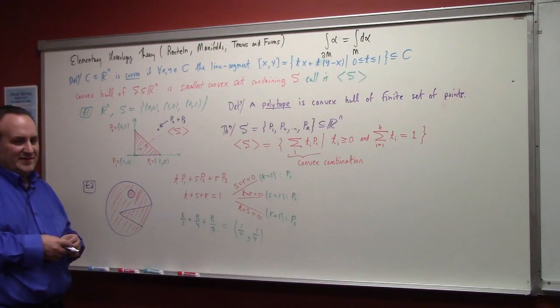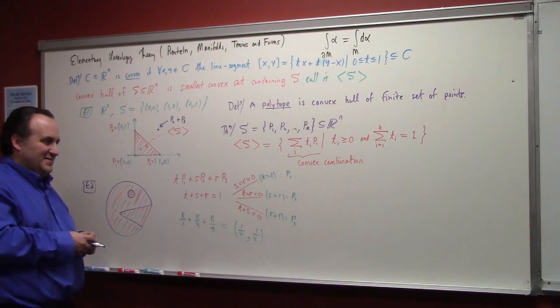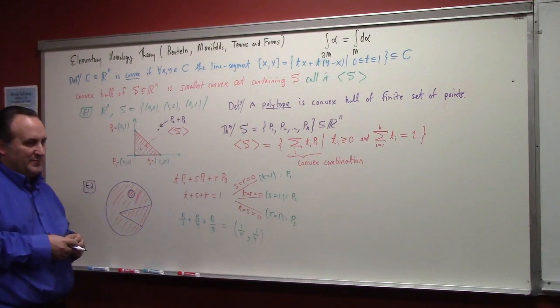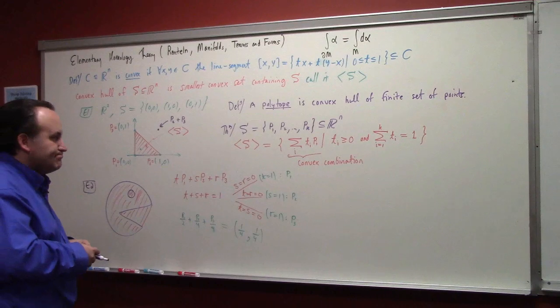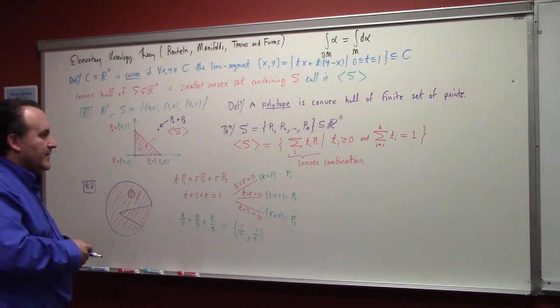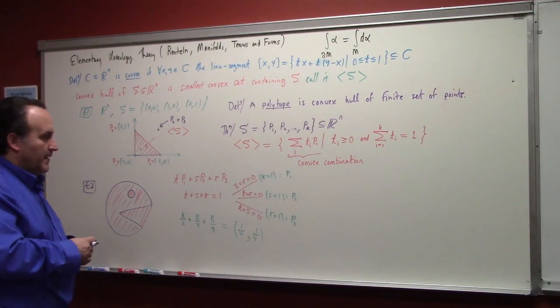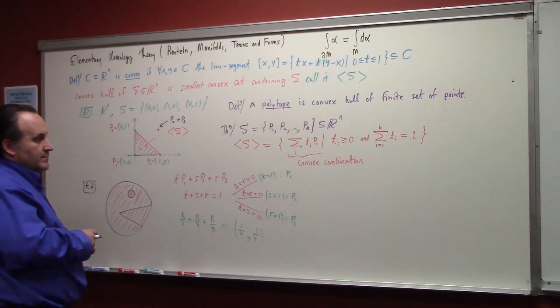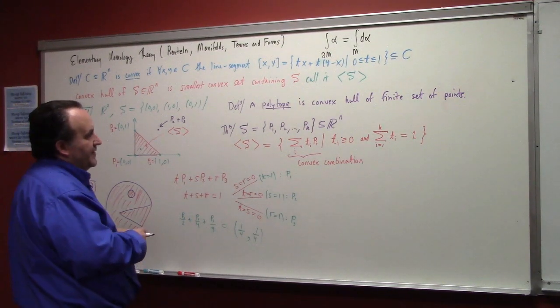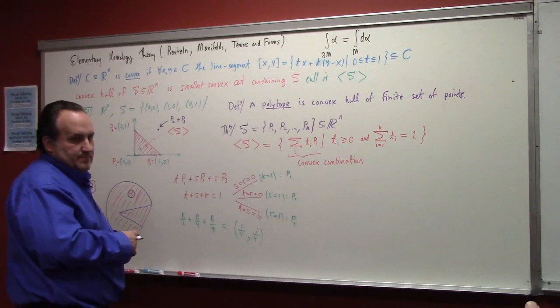Not because logically it has to be the base case, but because pragmatically speaking, it is probably what you need to be able to see in order to make the induction step. The k equals 2 case is just a line segment from one point to the other.